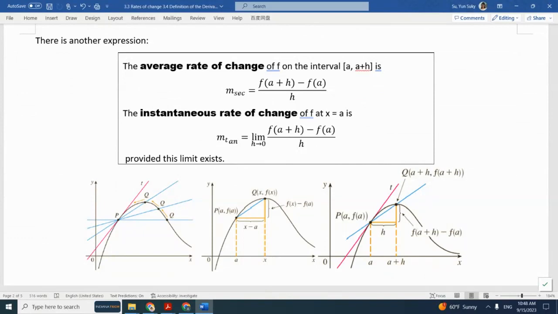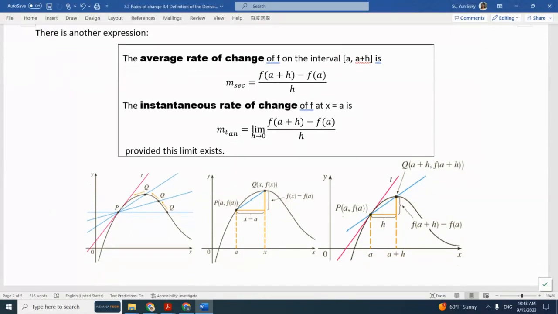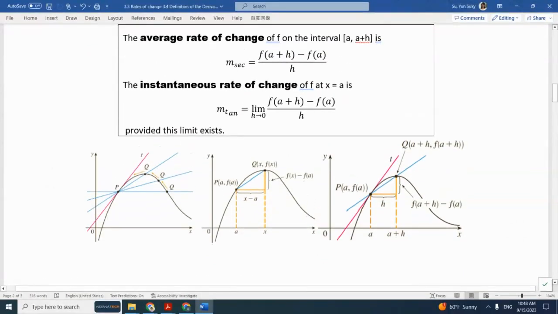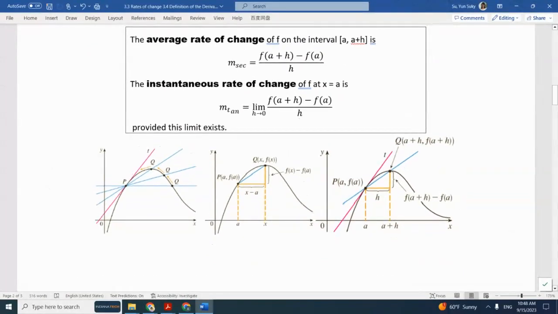It's kind of the same thing. In the first picture, you are letting x go to a. But in the second picture, you want a plus h to go to a. This is the same as saying h is going to 0.